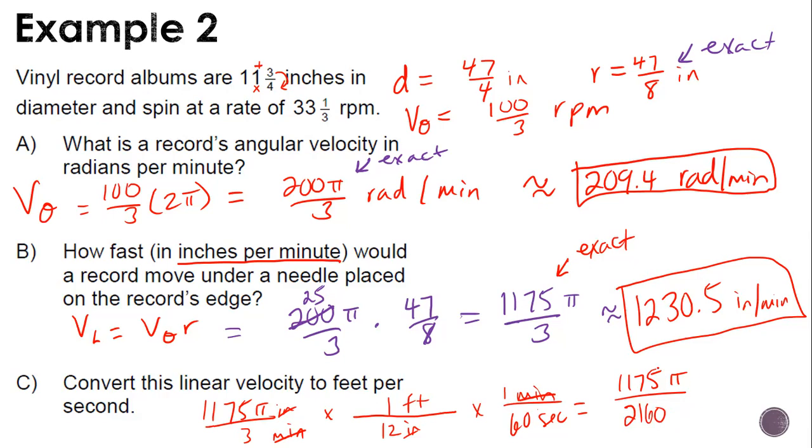There's no point of reducing that. That's our exact. So then what is our approximate speed? Let's see. 1175 times pi divided by 2160. We get roughly 1.71 feet per second.